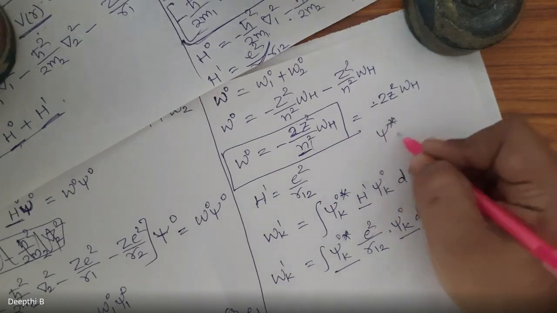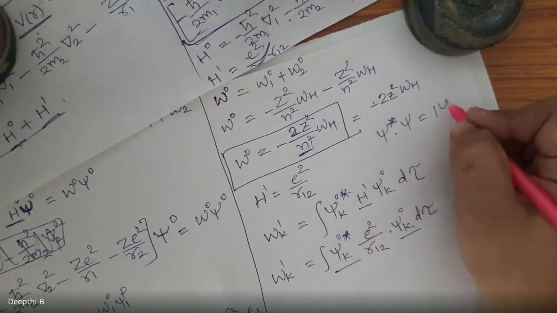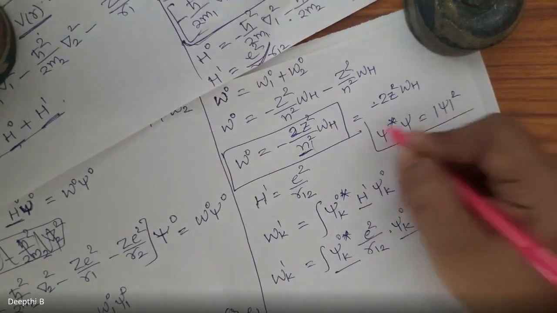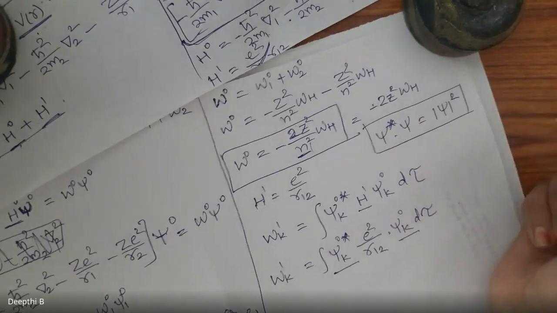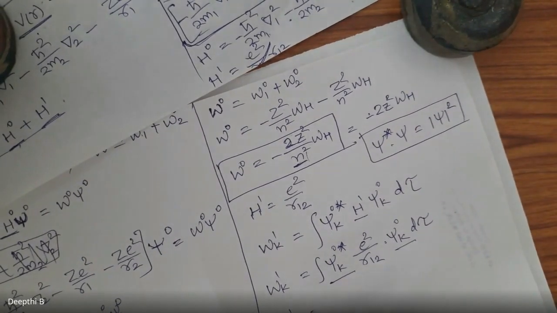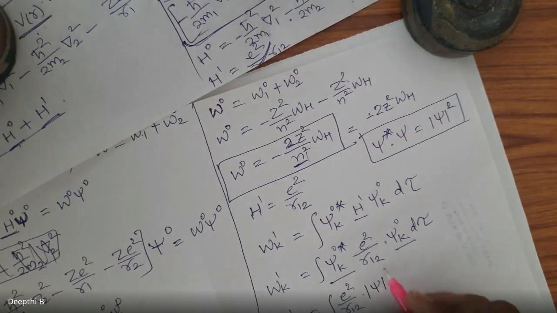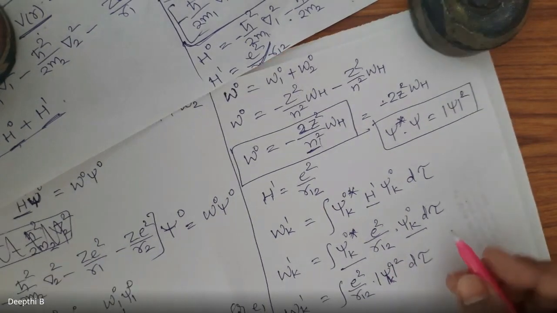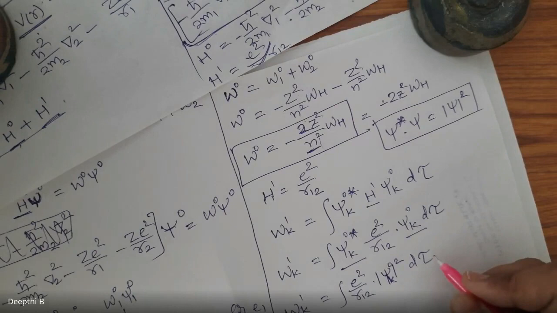Now psi star psi is equal to mod psi square, from your first unit. So here also WK prime is equal to the integration of E square by R12 into mod psi k naught square d tau. This is the equation, the next equation.